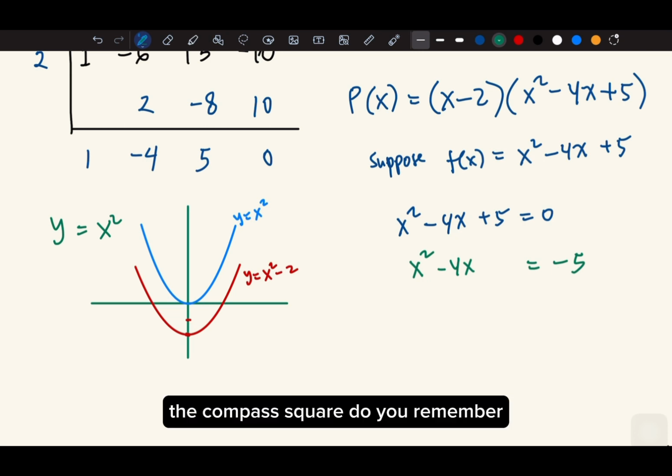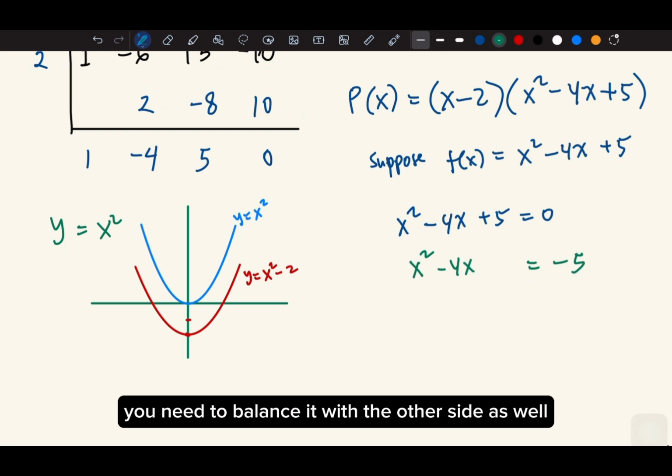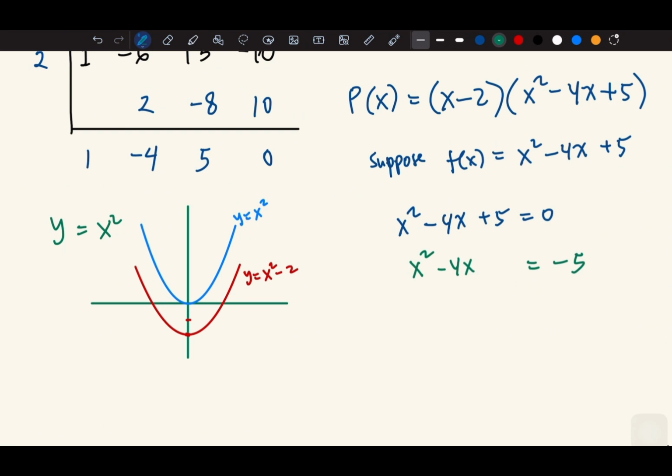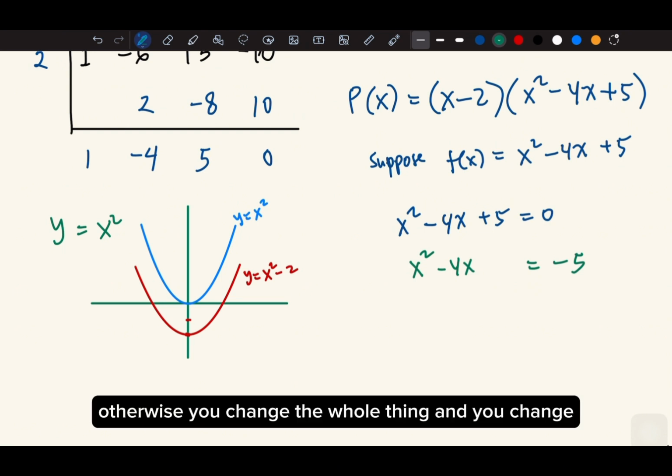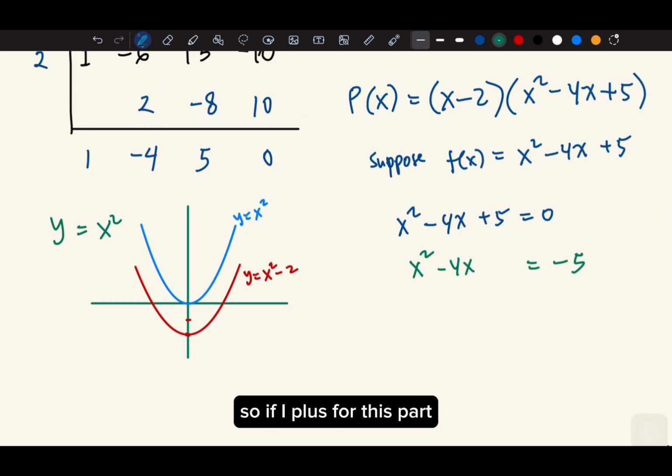The complete square, if you remember, is defined by 2 squared, so plus 4. But remember, in math, you have an equation. If you do something on the right side or the left side, you need to balance it with the other side as well. Otherwise, you change the whole thing. So if I add 4 to this part, I need to add 4 over there.